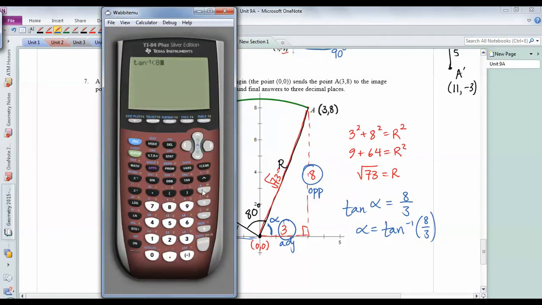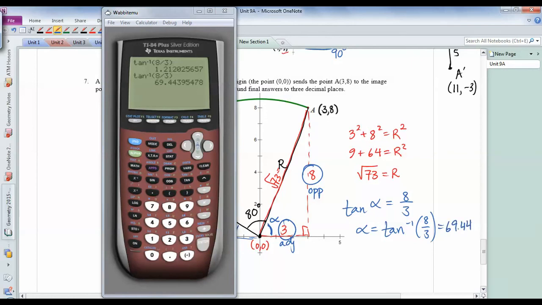Tan inverse of 8 over 3. Oh, sorry, I got to switch modes. Degree mode. And then I'll just hit enter again. So it's 69.444 degrees, roughly. So that's this angle down here.